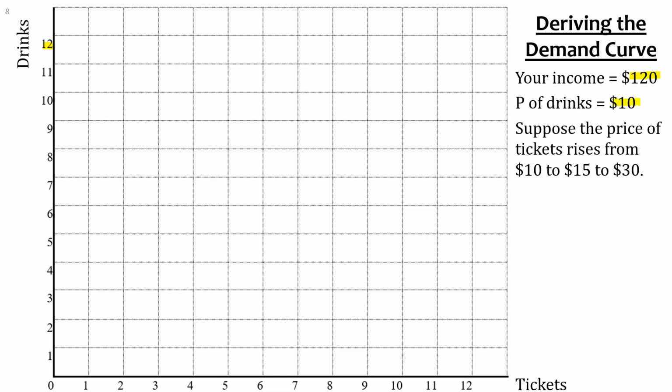The part that you have to calculate is your income, 120, divided by the price of tickets. If you divide it by the price of tickets, what you get is also 12. So you get your budget line going from 12 to 12. Now let's pause here and do it also for 15 and for 30. See what you get. You should get 2 different budget lines based on that.